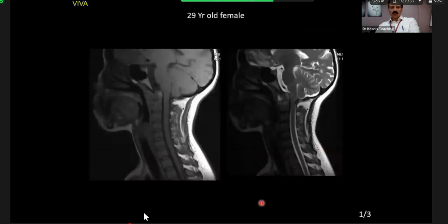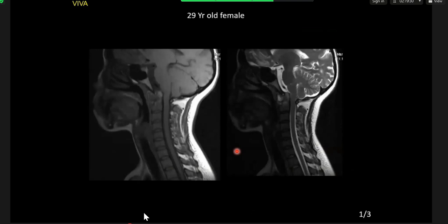Okay, candidate 3, your film. Right. So what do you see? These are selected mixed sagittal images, but I have increased signal in the anterior arch of atlas as well as the dens.